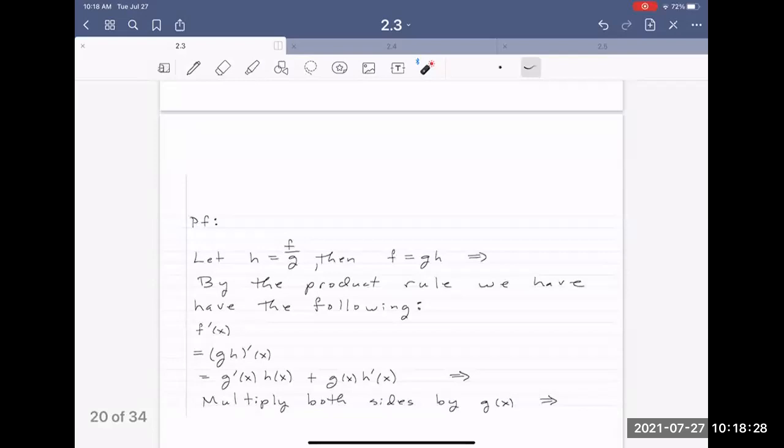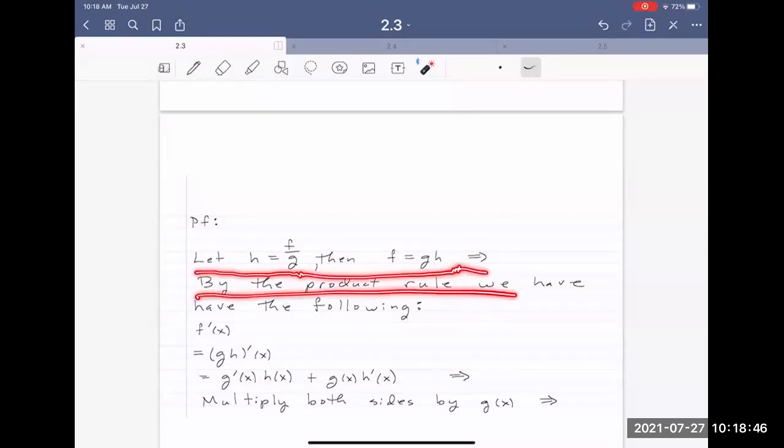So let's prove this using what we just did for the product rule. Let h equal f over g. Then, multiplying both sides of my equation by g, f is equal to gh.